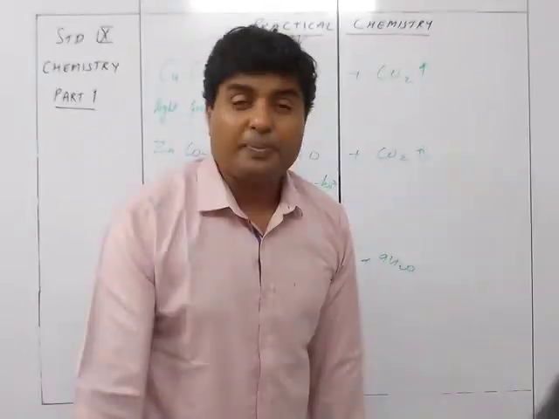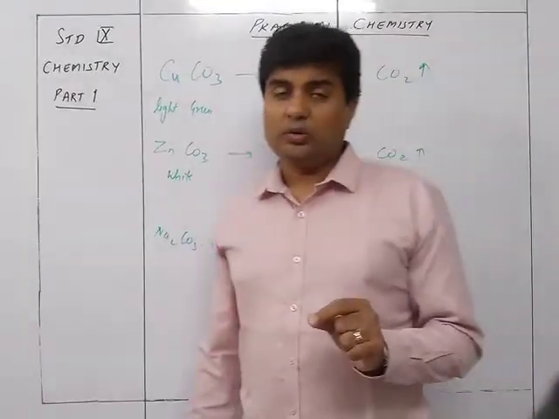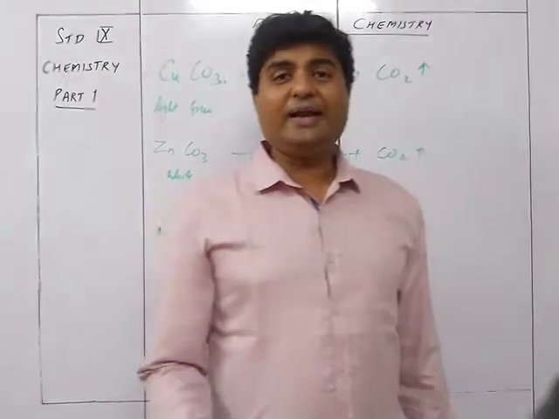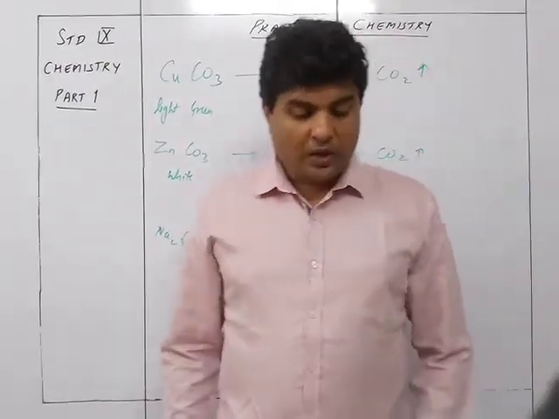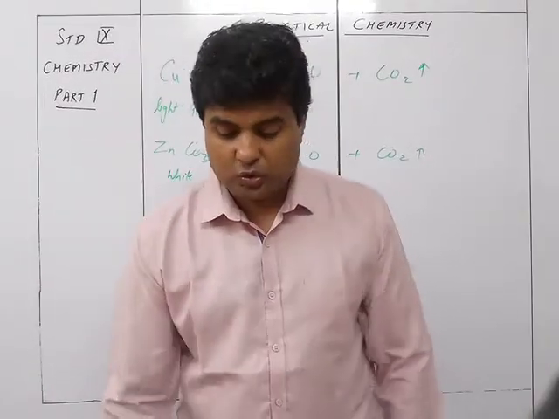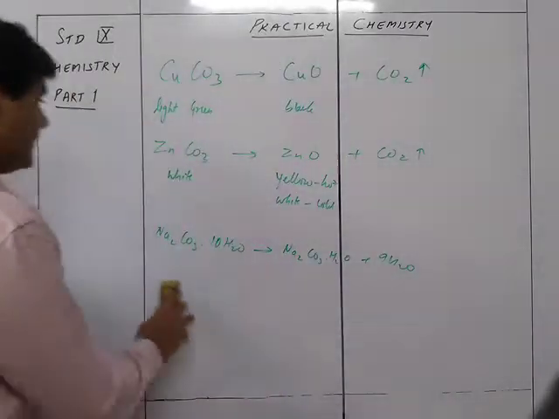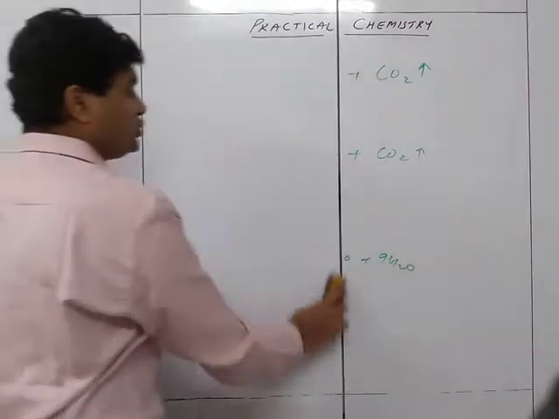A similar thing is for copper sulfate crystals. So CuSO4.5H2O is the blue colored crystal of copper sulfate, which on heating will turn into white colored anhydrous CuSO4. So white colored anhydrous CuSO4 will be formed and H2O is going to be given out. Now here there is one more important thing, that is if you strongly heat it.